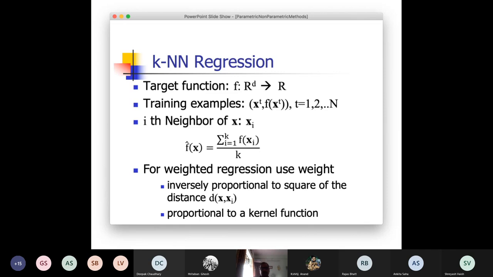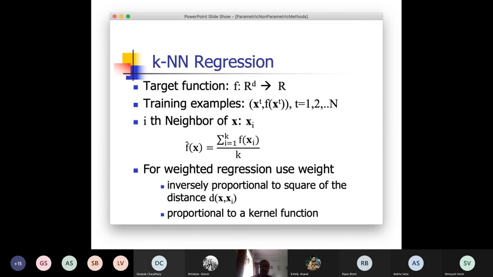We can also consider the kernel function, which we have seen is a function of distance. The characteristic of a kernel function is that it dies down as the distance increases, that means it is a monotonically decreasing function of distance, mostly based on the square of the distances.